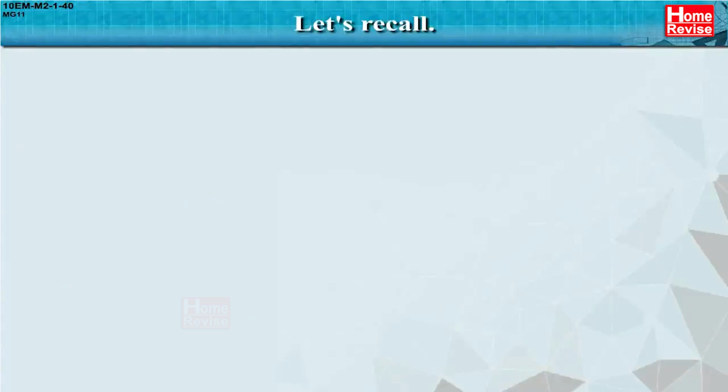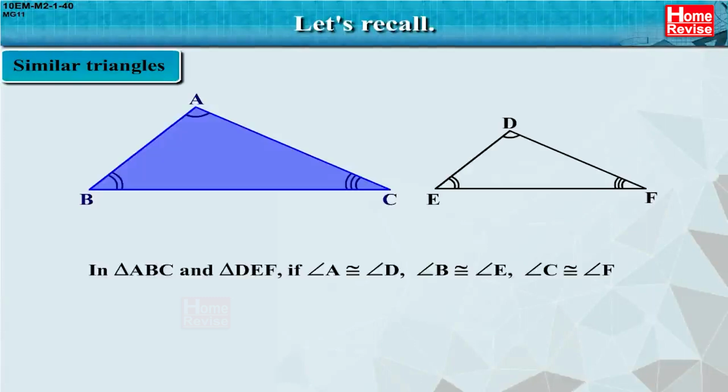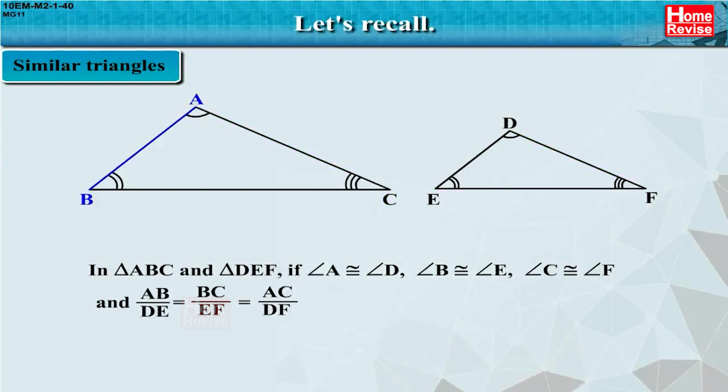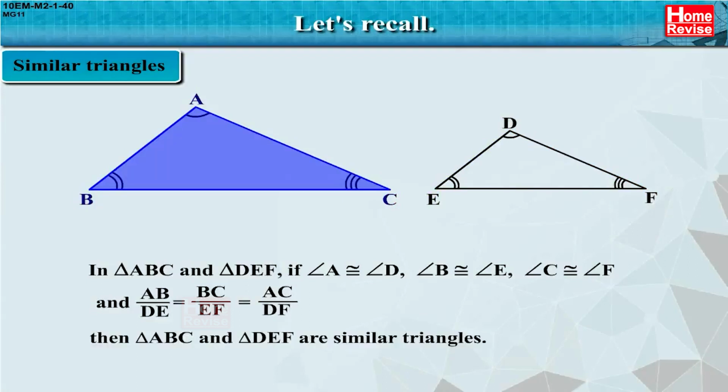Let's recall similar triangles. In triangle ABC and triangle DEF, if angle A is congruent to angle D, angle B is congruent to angle E, angle C is congruent to angle F, and AB upon DE is equal to BC upon EF is equal to AC upon DF, then triangle ABC and triangle DEF are similar triangles.